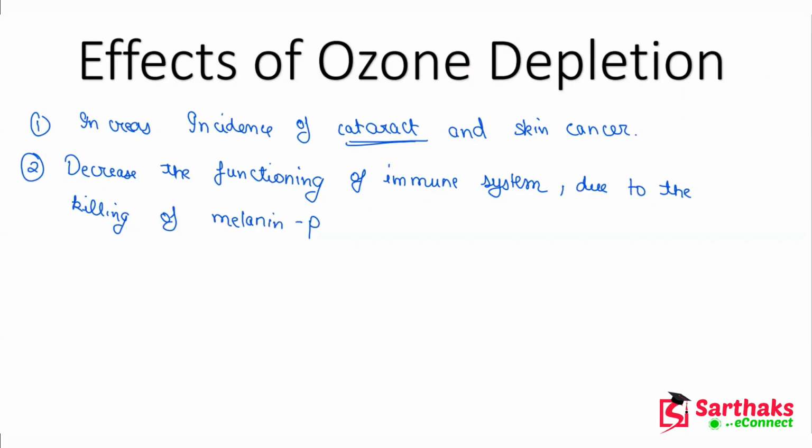When there is melanin in our body, it also helps the immune system. Now the third point is that it inhibits photosynthesis.